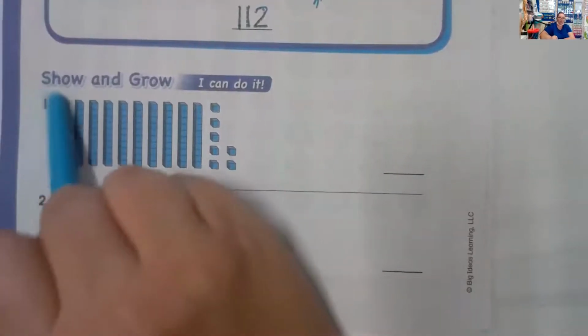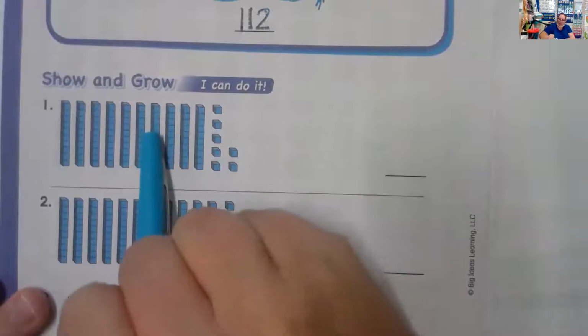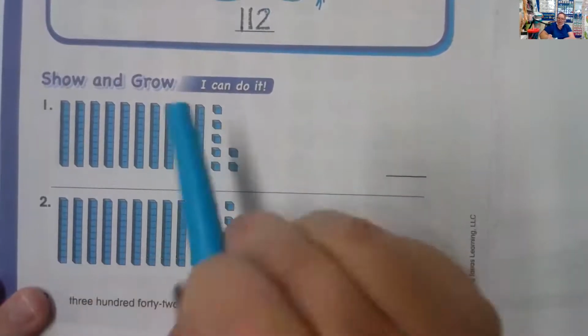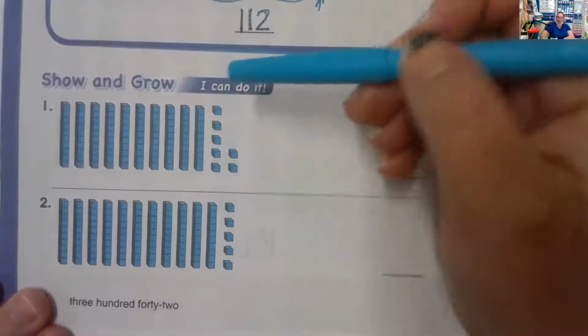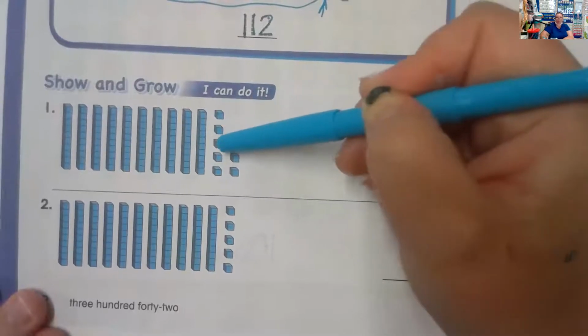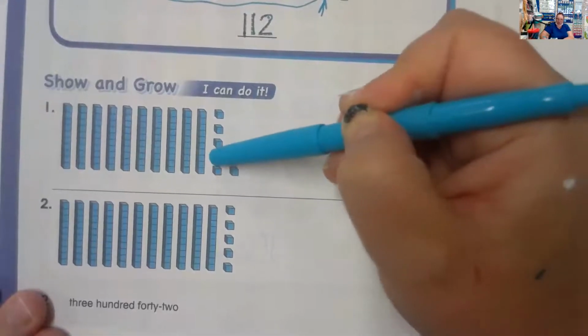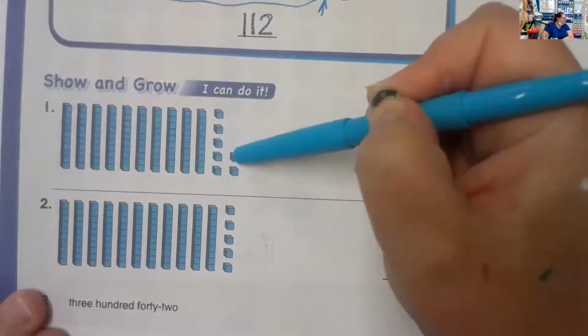Okay, ready? Let's count. We're on number 1 under the show and grow. 10, 20, 30, 40, 50, 60, 70, 80, 90, 100. Ooh, 101. Good. 102, 103, 104, 105, 106, 107.